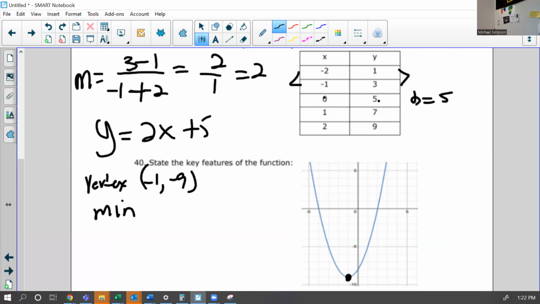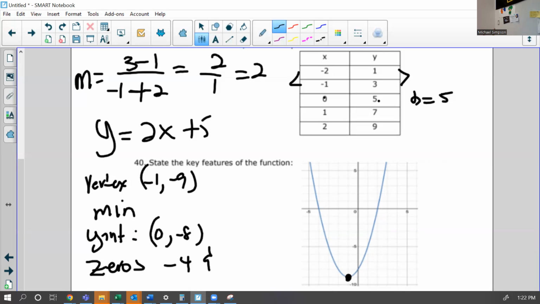That's 9, so this has to be 8. The y-intercept is 0, -8. My zeros, my x-intercepts, are going to be -4 and 2. What else? I think that's it, right?